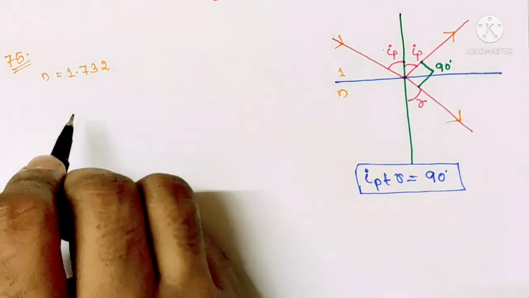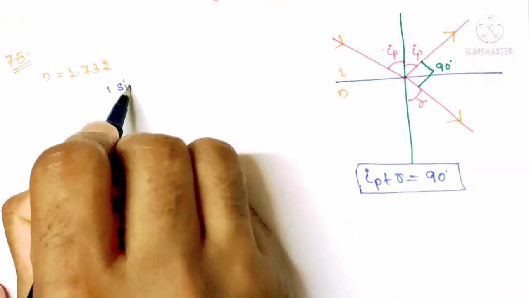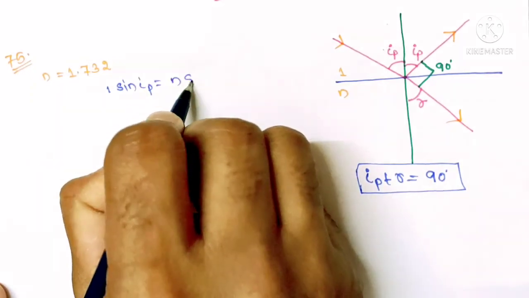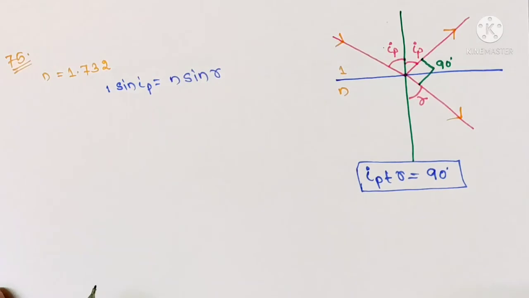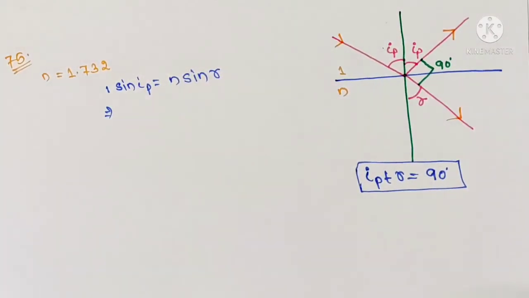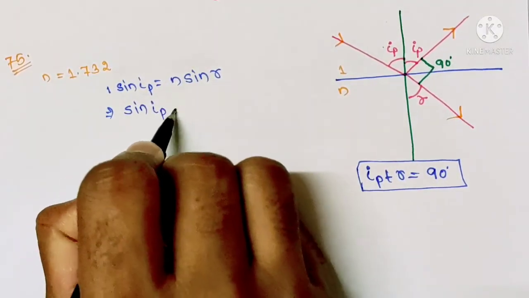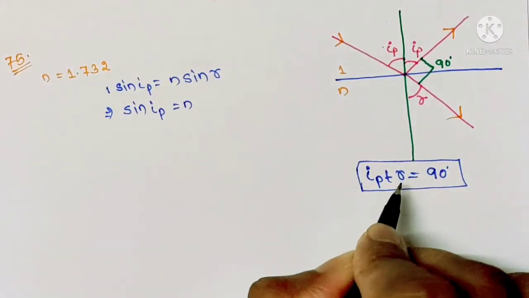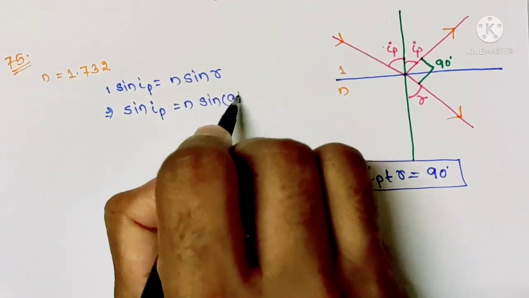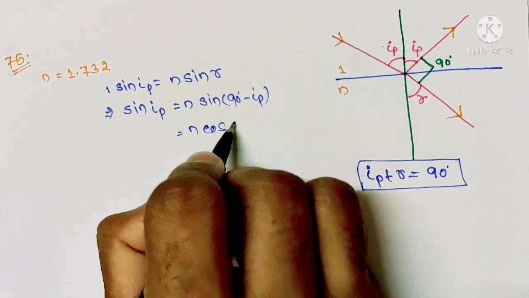So Ip plus r equals 90 degree. Using Snell's law, we can write 1 sin Ip equals n sin r. So sin Ip equals n times sin of 90 minus Ip, that is n cos Ip.